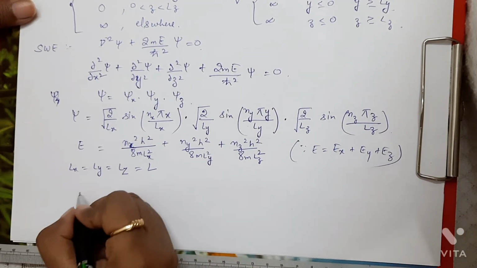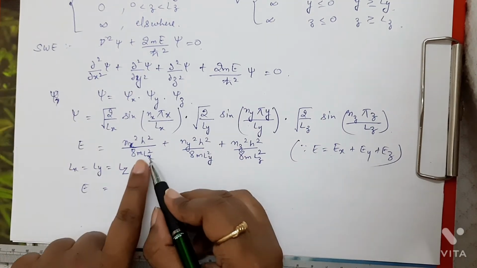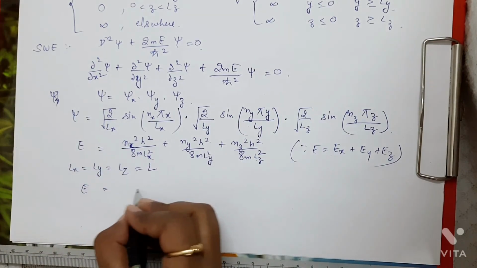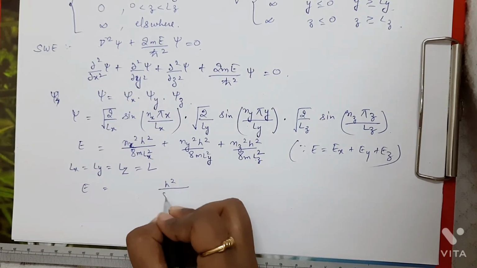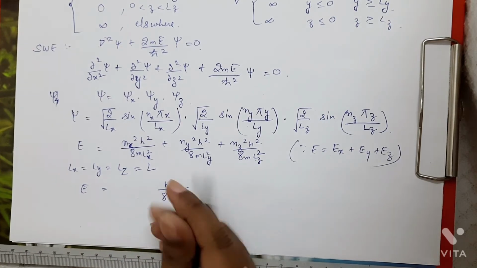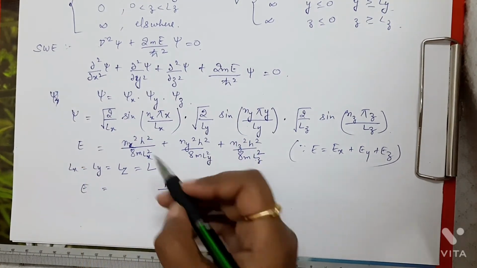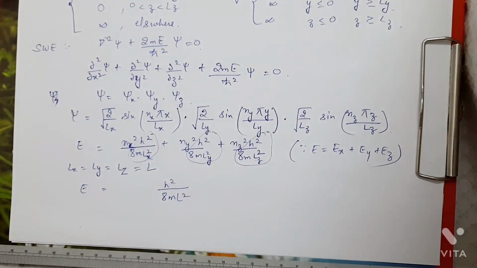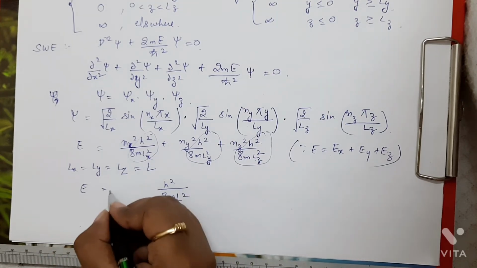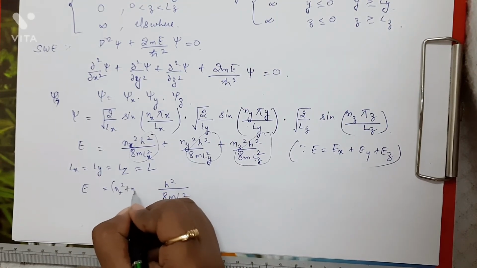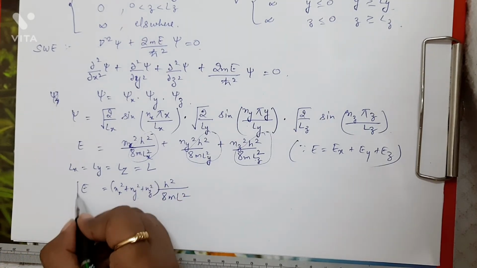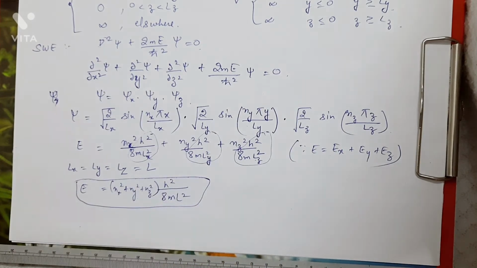Lx, Ly, Lz are all equal to L, and in this case we can take out h square by 8ml square common in this particular equation, because Lx, Ly and Lz are equal. So what will be left? It will be nx square plus ny square plus nz square. So this will be the formula for energy in case of a particle in a 3D box.